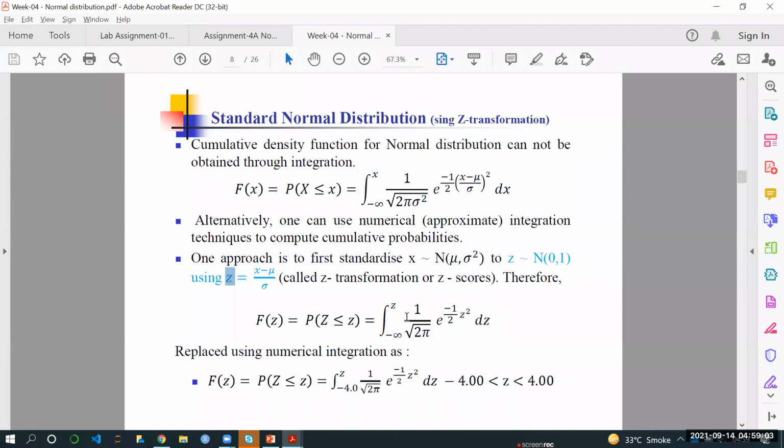This function is called the standard normal distribution. But again, we still cannot do the integration, so we use numerical integration. Numerical integration you will be taught in the 4th semester, and there are many different methods for numerical differentiation and numerical integration.